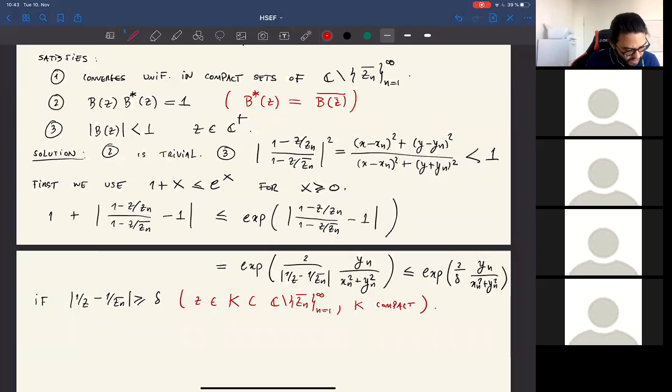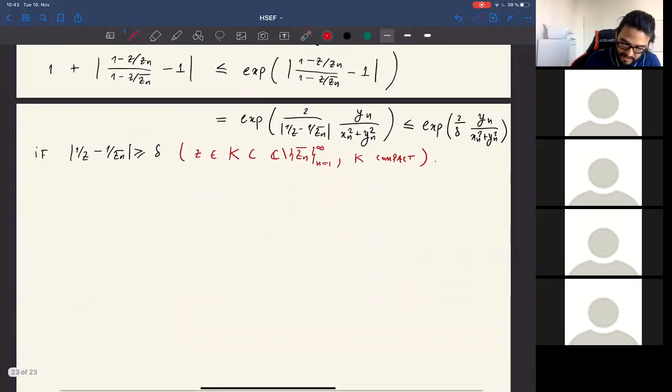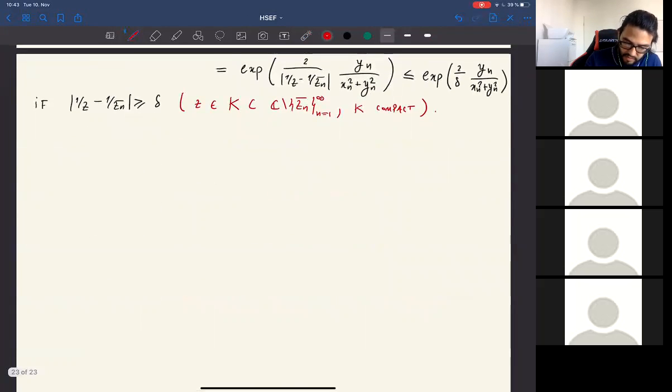And why do we want an estimate for this term? It's because we're going to apply problem 8. So what's problem 8?